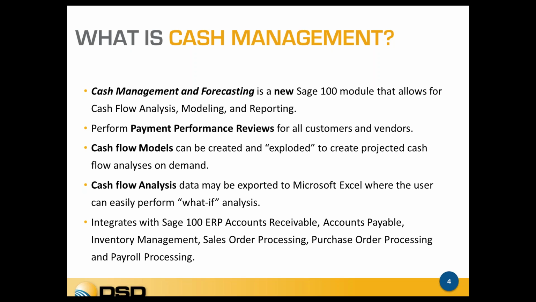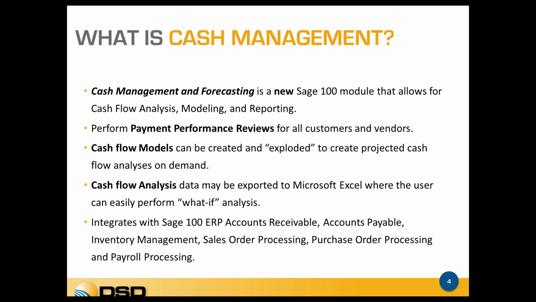The product does a number of things. The first thing it does is performance reviews for your customers and vendors. So in Sage 100, there are some capabilities that tell you what the performance is for your customers, such as the average days to pay, and you have your terms code.